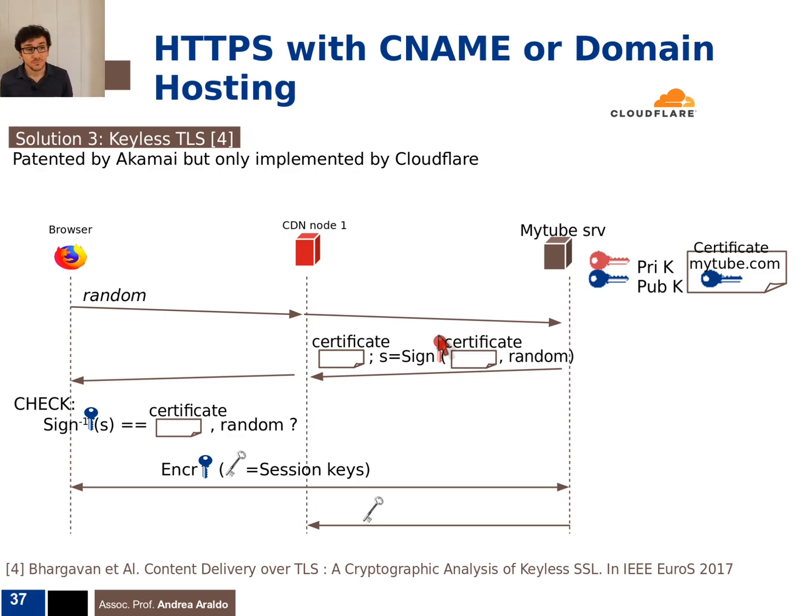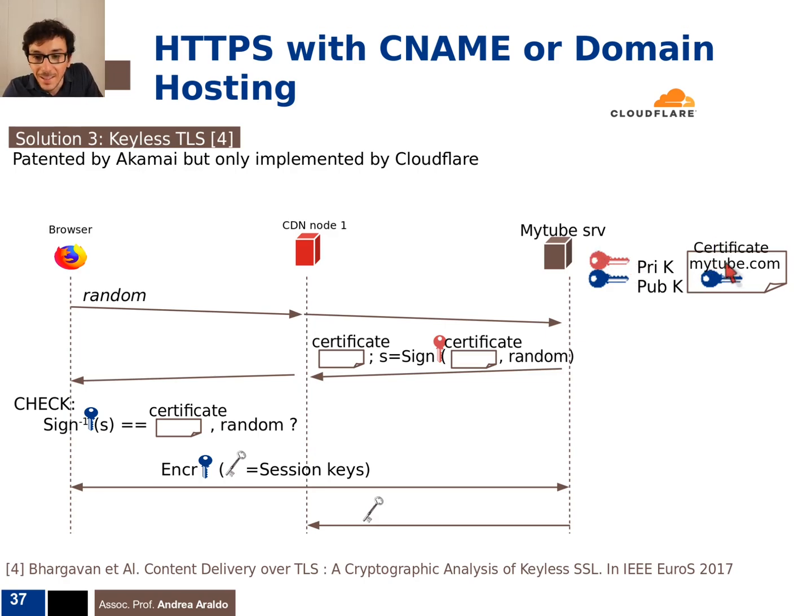Another solution, the third and last that we will see, is keyless TLS. That is more or less new. It was patented by Akamai, but so far it is only implemented by Cloudflare. So far, I mean, last time I checked this information, maybe things have changed now. So how does it work?